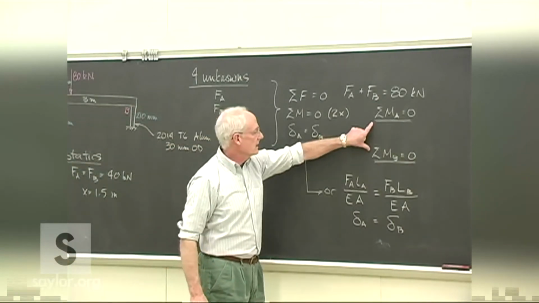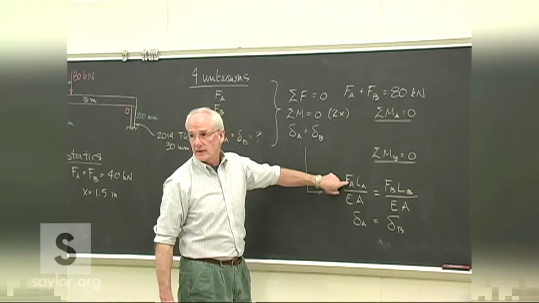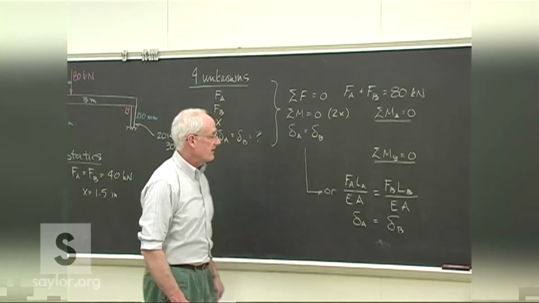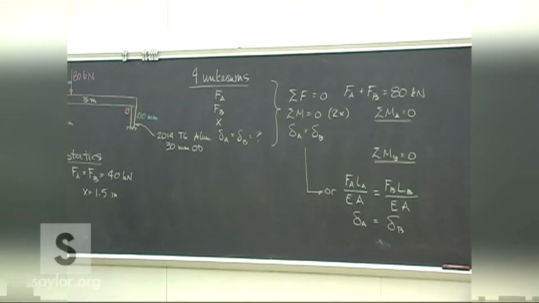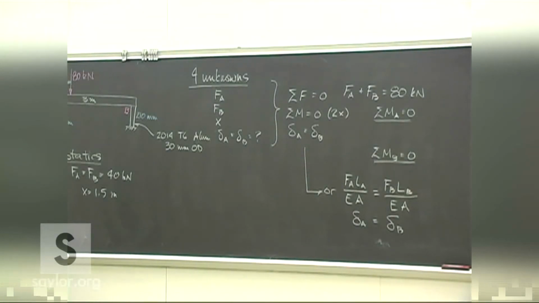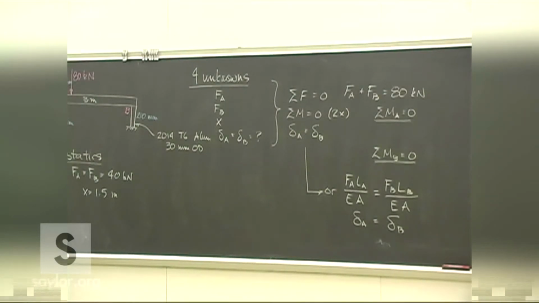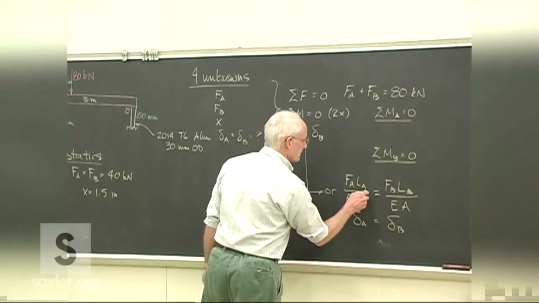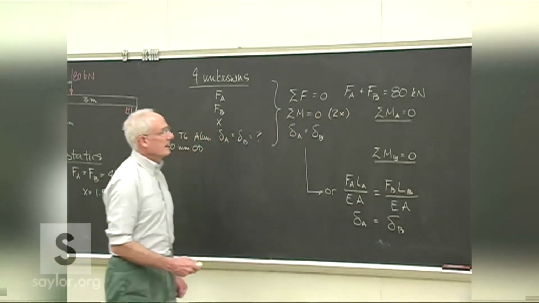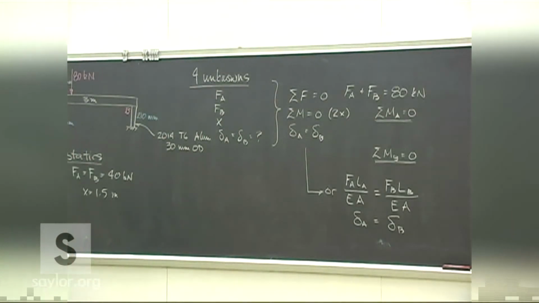When you write the moment equations, one of them will be in terms of FA, one will be in terms of FB, and you make that substitution. The F's cancel, leaving just the X. Then you can go back to either equation and get the forces in. So set up the moment equations, put them in here, and we'll leave it at that, because after that it's all just algebra.